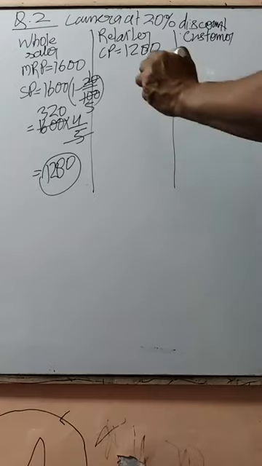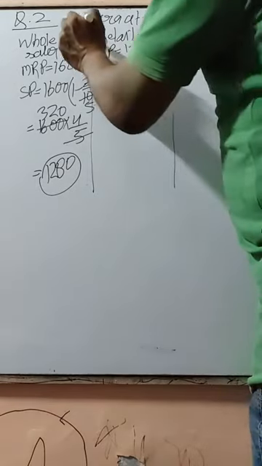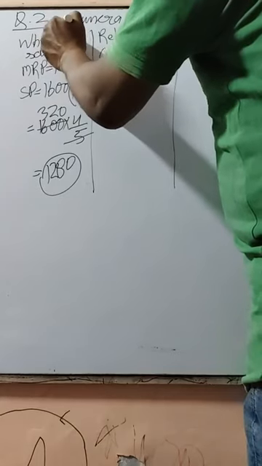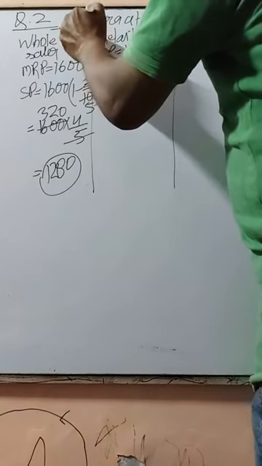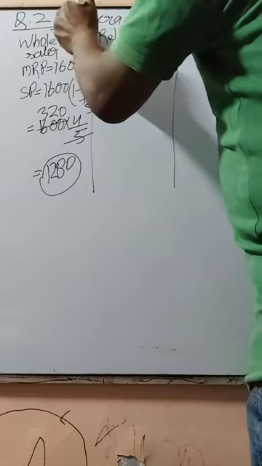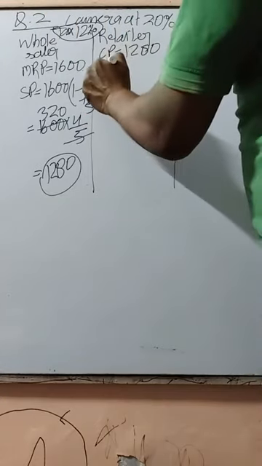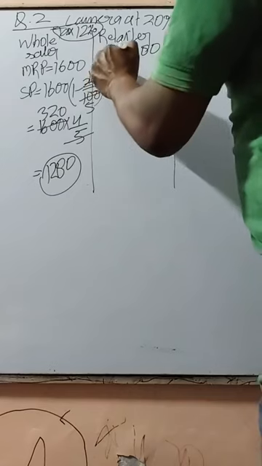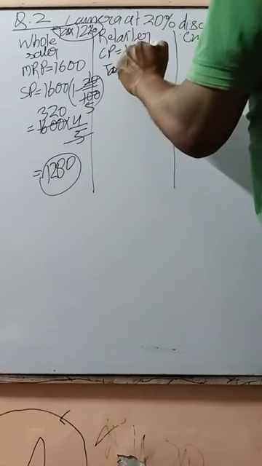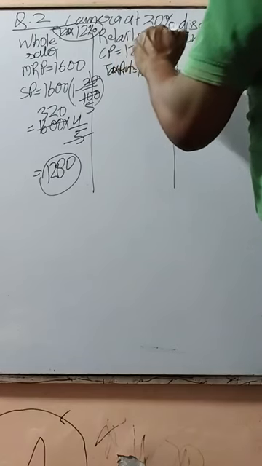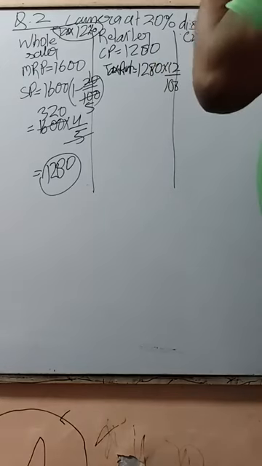12%. 12% GST. Tax is 12%, right? So how much? So tax amount is equal to 1280 into 12 upon 100, right?